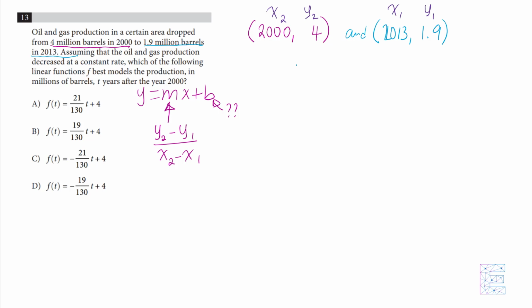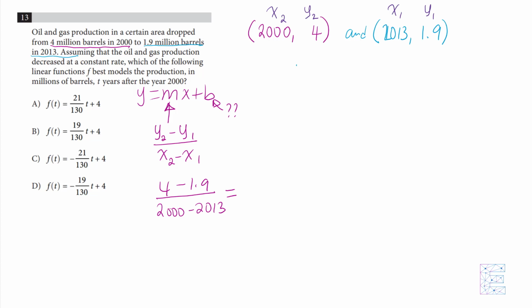I didn't want to have a negative at the top, so that's why I chose to make this pair the second pair. You'll see what I mean in a minute. So we have 4 minus 1.9 over 2000 minus 2013. This question is from section 3, so we are not allowed a calculator.